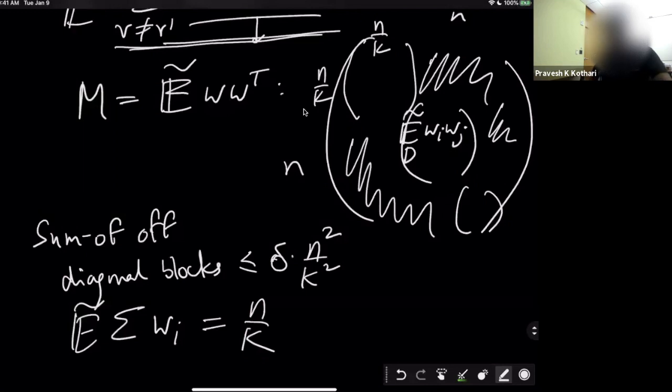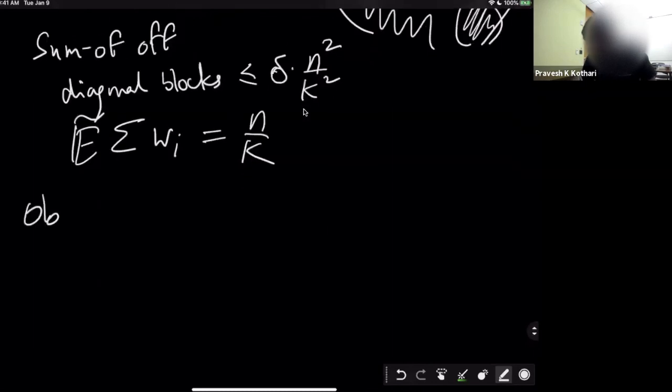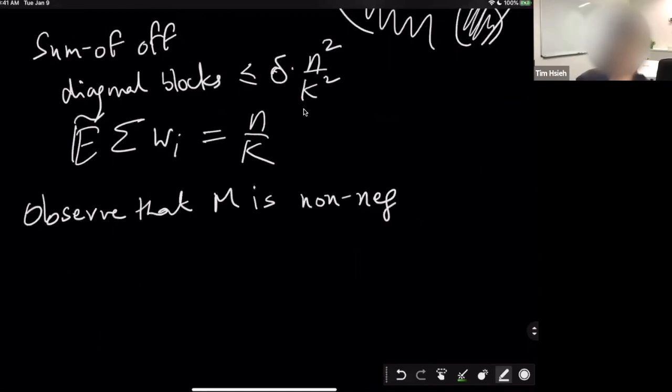Good. So now I somehow want to interpret this statement as saying that most of the mass in this matrix lives in the diagonal blocks, and that the off diagonal blocks contribute something tiny to the mass. This is legit to do because, first of all, this matrix is non-negative. Can someone tell me why this matrix should have non-negative entries? Because all the Wi's are non-negative.